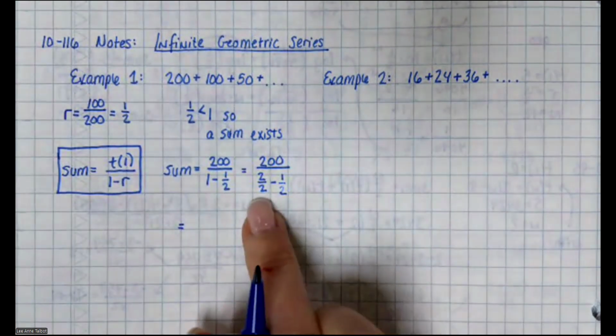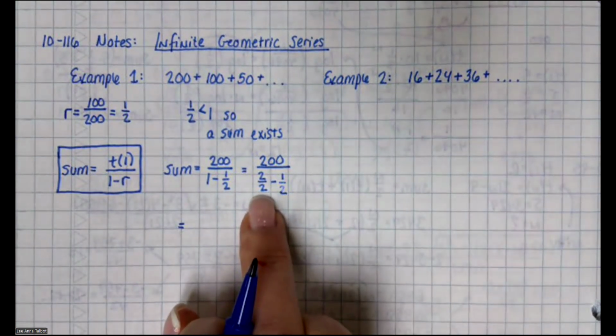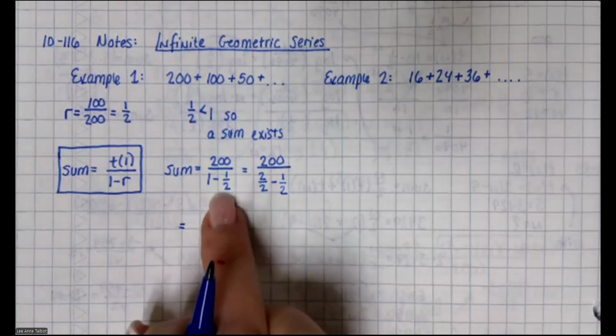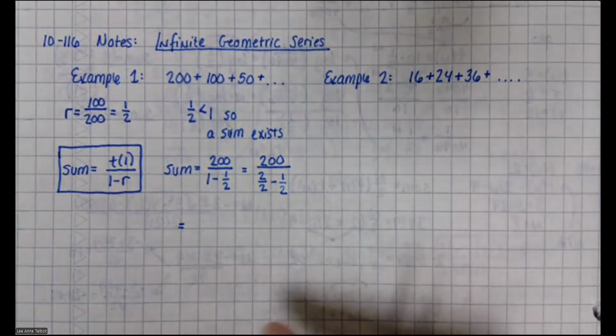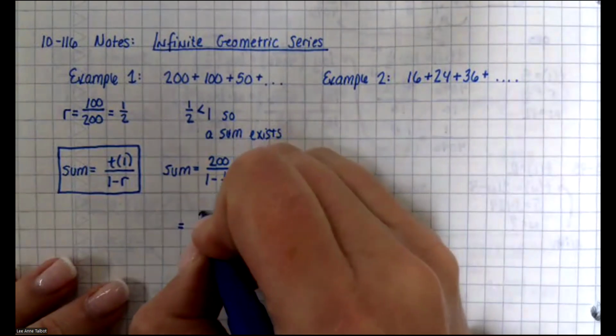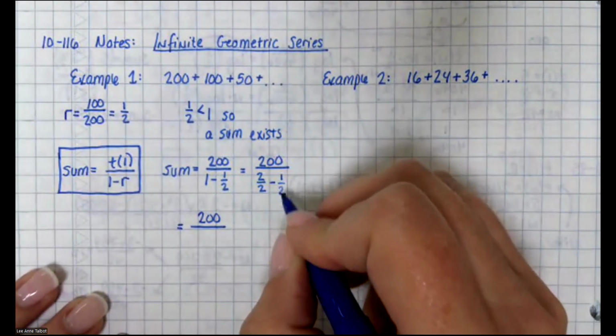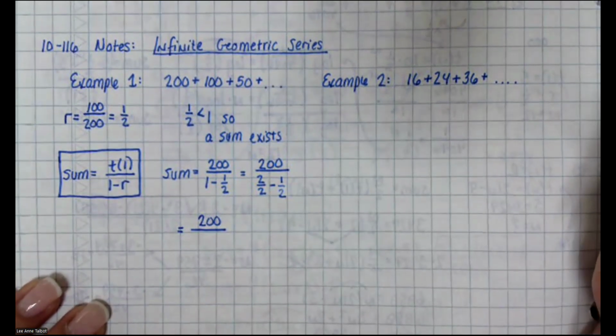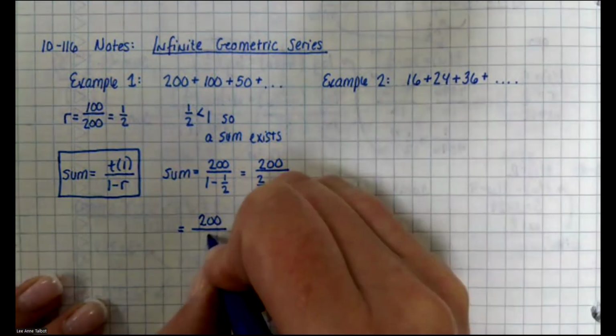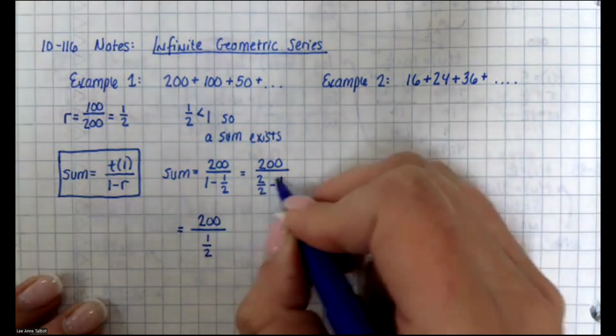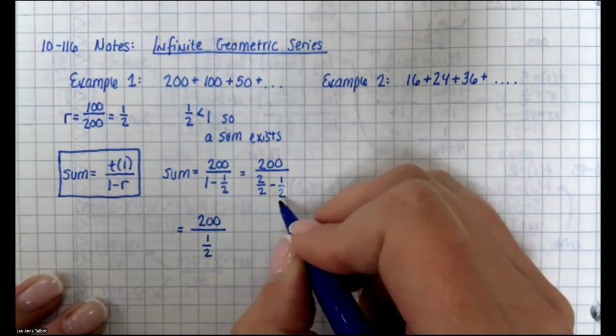Do you guys all see where the 2 over 2 came from? Just common denominator. I took 1 and changed it to whatever the denominator was here. The top is still 200. What's 2 over 2 minus 1 over 2? 1 over 2, great. So subtract the top, bottom stays the same.